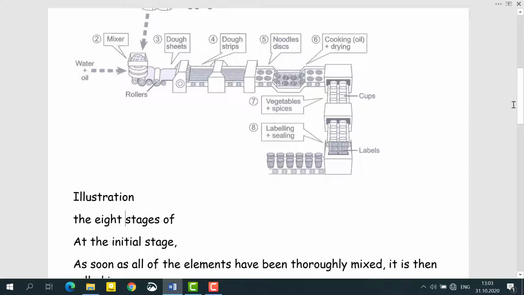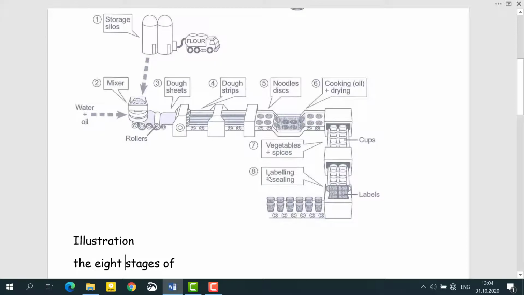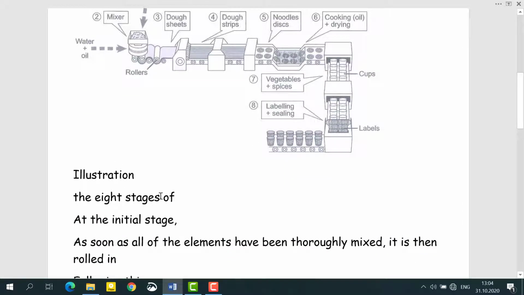Next, you can be very specific. You can count the number of stages presented here, and then you can just say the 8 stages of something. Then you can also mention the initial stage, which means the very first stage. Stage here means level.